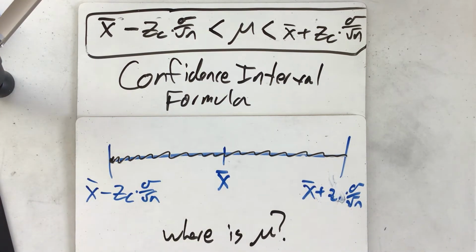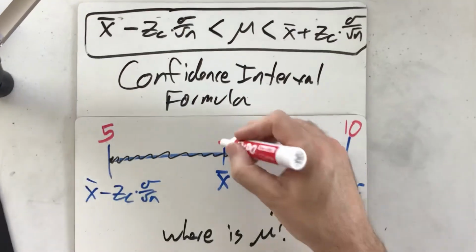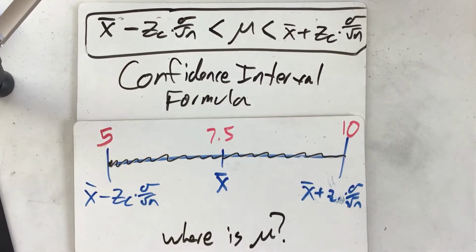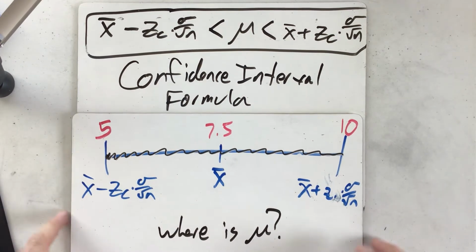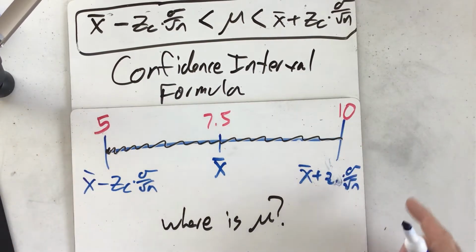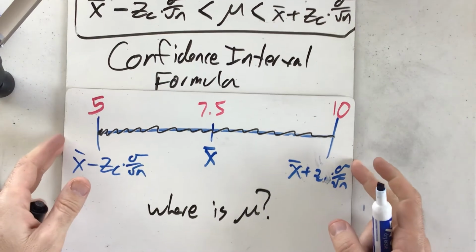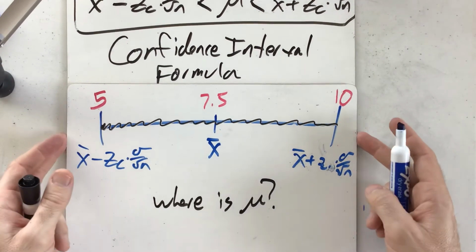So if we do a problem, and we'll do one in just a little bit, and you got, say, 5 to be this lower number, 10 to be this upper number, and 7.5 to be the number in the middle, and someone asks, what's the real average? You would say, the real average is between 5 and 10. And then the next person might say, well, how confident are you that you're right?